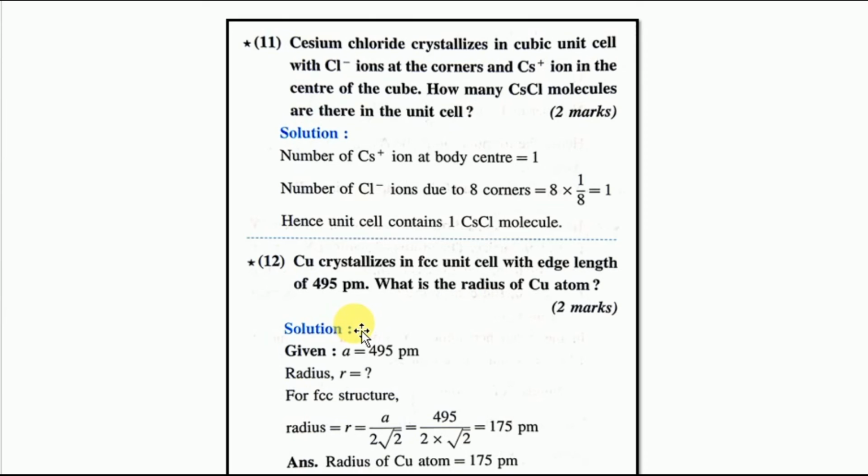So your solution is, given A is equal to 495 pm and we have to find the radius R. For FCC structure, radius is equal to A upon 2 root 2, after putting the value of A, 495 upon 2 into root 2. So your answer is 175 pm. So radius of Cu atom is 175 pm.